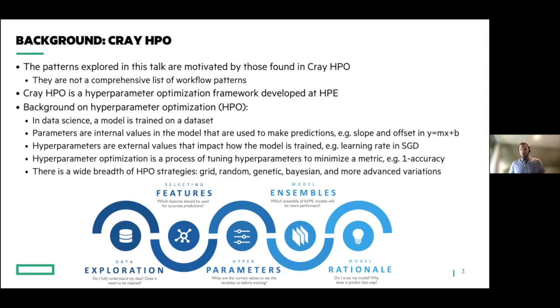And so there's a wide breadth of HPO strategies out there in the wild. The main 4 categories really are grid and random, which are embarrassingly parallel strategies, and then you have more sophisticated algorithms like the genetic and Bayesian, which learn from previous iterations and utilize that feedback loop to guide the optimization.